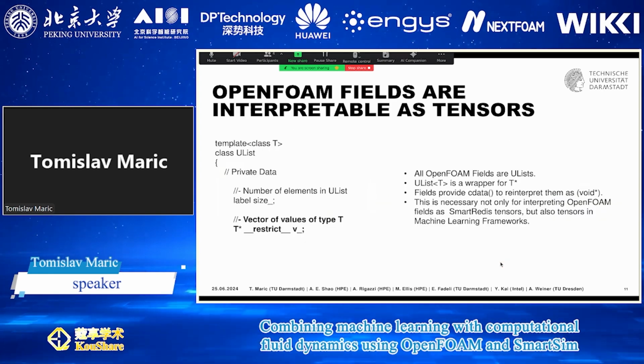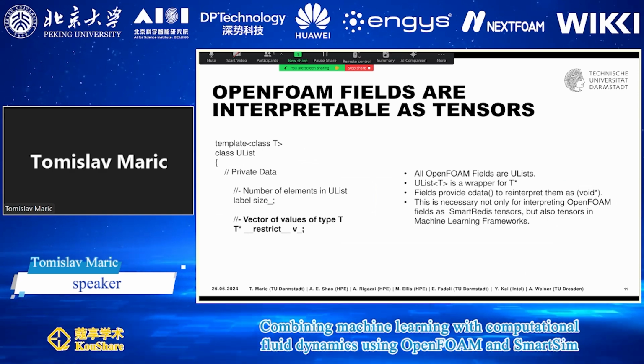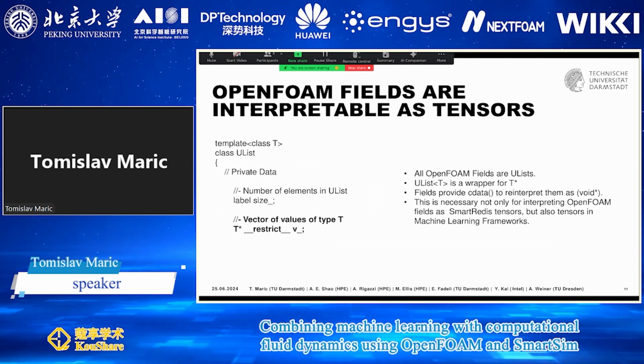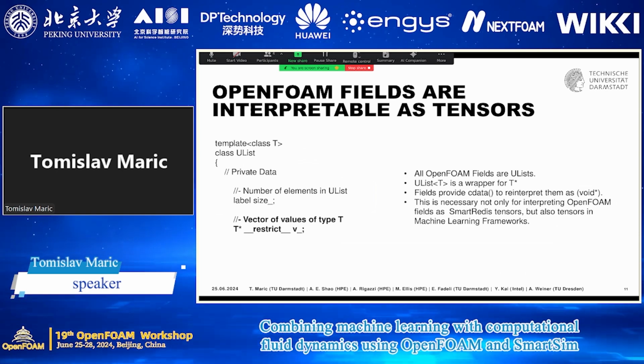One thing to remember, and I've emphasized this a lot, is that it all bases on the fact that under the hood, geometric fields in OpenFOAM are basically extended C arrays.